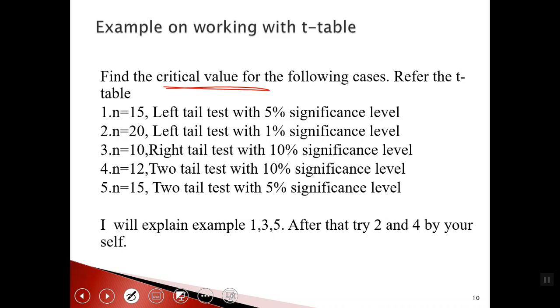Here I have mentioned 5 problems, just how to find these critical values in each case. I'll do two of them, the first one and the third one, but please try all five.